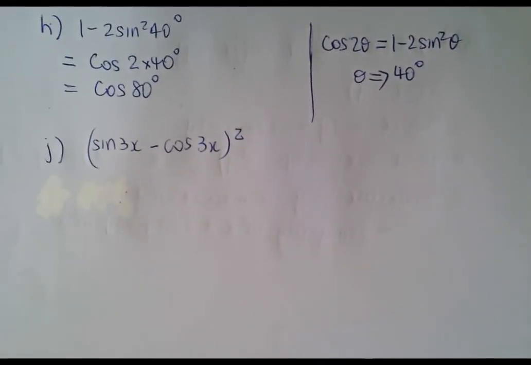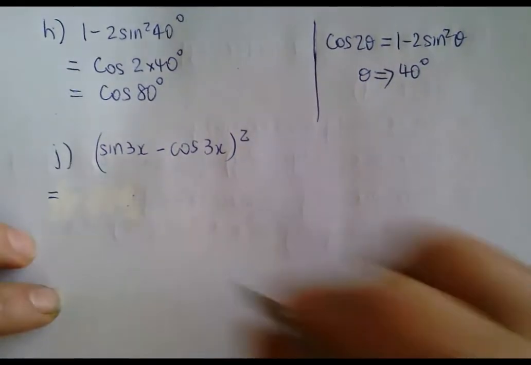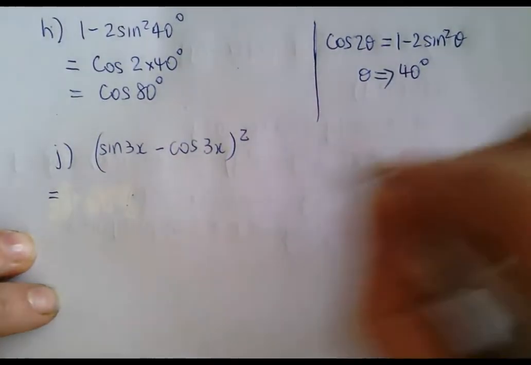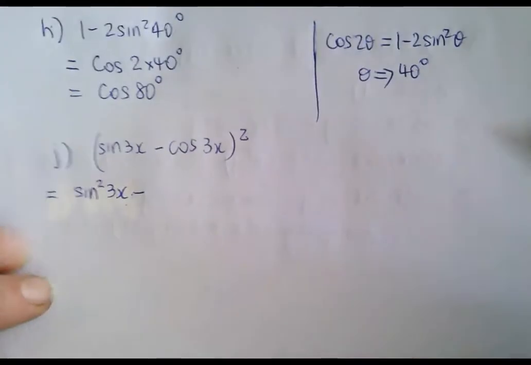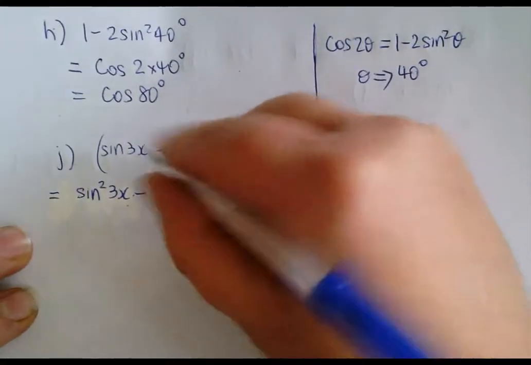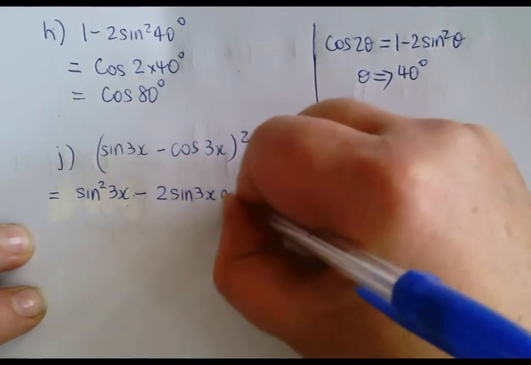Now the last one, I don't recognize that at all. So what do you think you should do? Expand and see what comes out of it. Ready? a minus b squared is a squared, which is sine squared 3x, minus 2 times a times b, minus 2 sine 3x cos 3x.